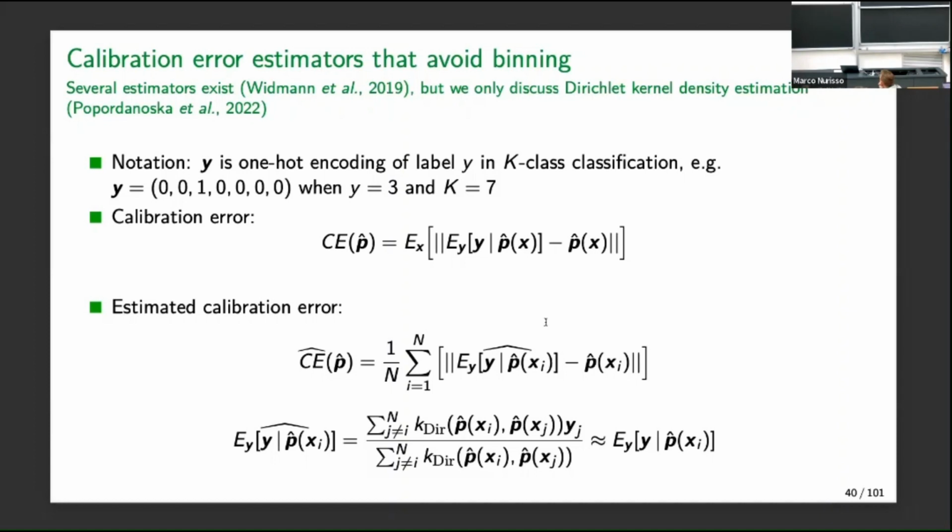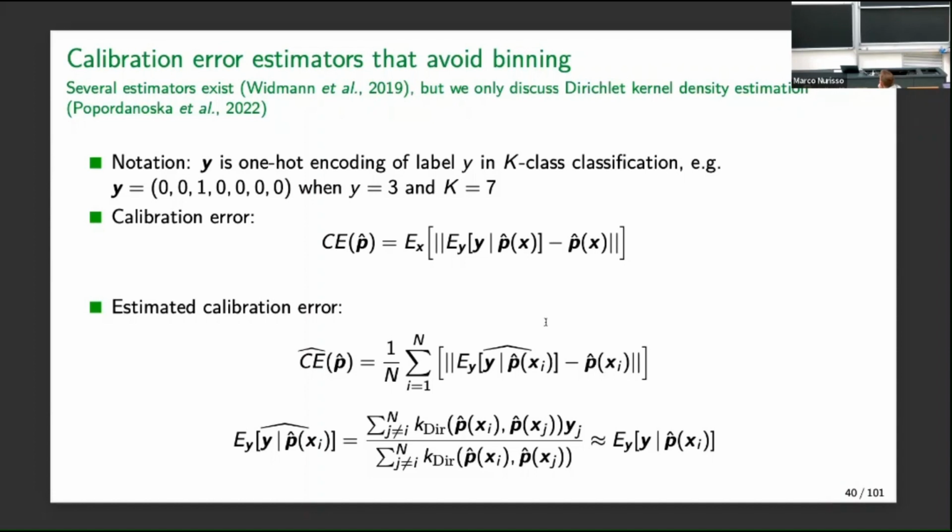What is this estimator? It's an estimator that avoids binning. You do some kind of local approximation with a kernel, a specific kernel they use. What you see in this kernel is a similarity between two different probability vectors. So instead of separating the space into fixed bins, for a given probability vector you look for which vectors are close to it.